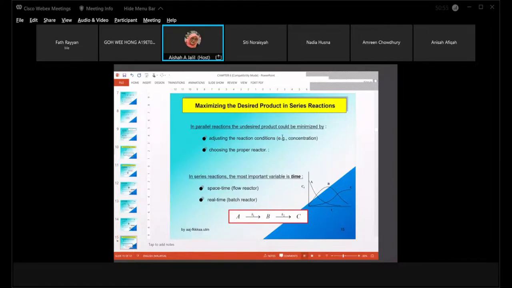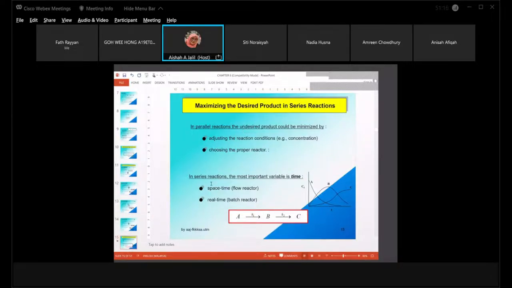And another one is you choose the proper reactor, for example CSTR for the lower concentration. You have to remember all of this. That is for the parallel reaction, whether one reactant or two reactants.